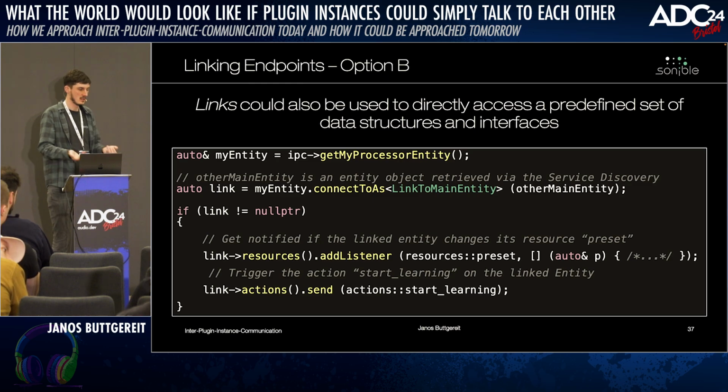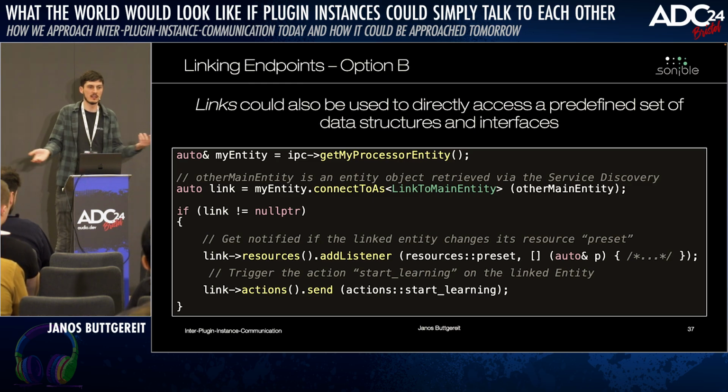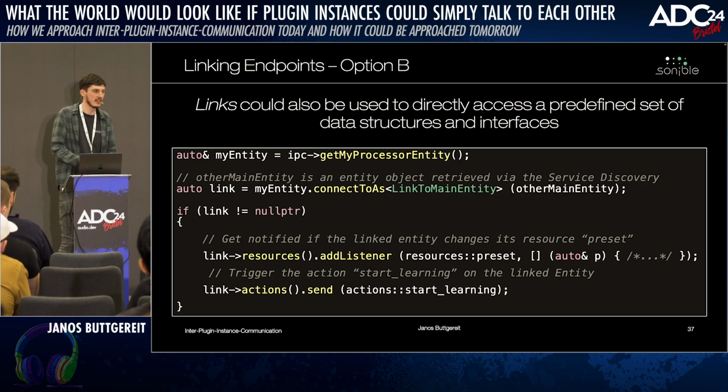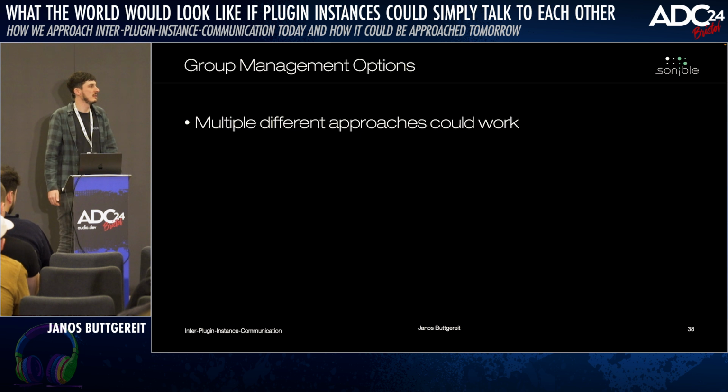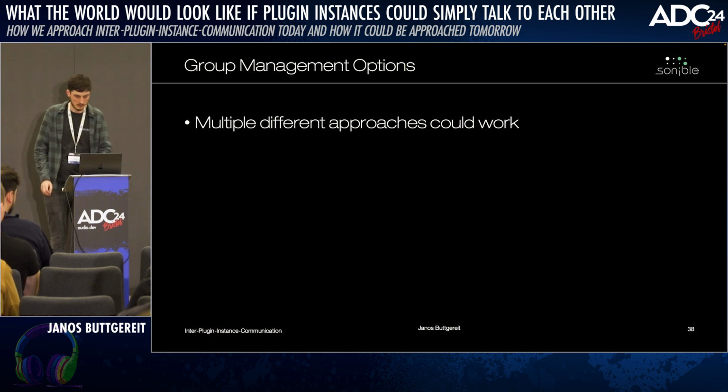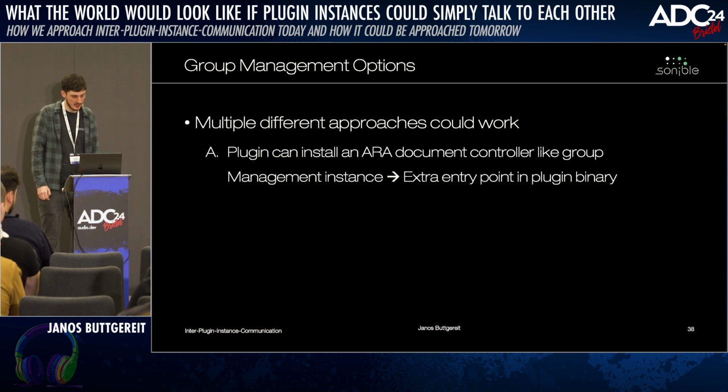So I'm not decided yet which approach would be the best and would be most likely to ever be implemented by hosts out there. And the same goes for group management. There are also multiple different approaches that could work. I mentioned the ARA document controller approach.